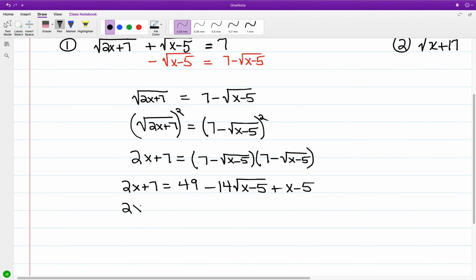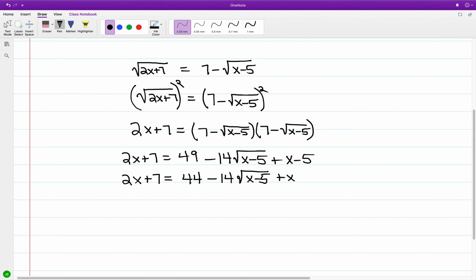And here we have 2x plus 7. And 49 minus 5, we have 44. We have minus 14 times the square root of x minus 5. And we have plus x. Now, in this go-round, we have one radical term remaining. And we're going to isolate this term.